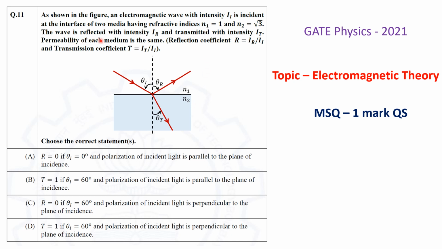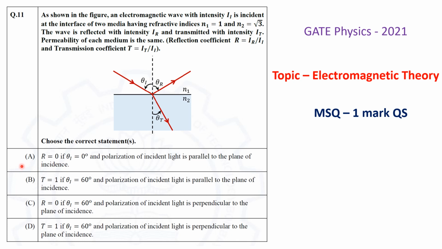The wave is reflected with intensity I_R and transmitted with intensity I_T. Permeability of each medium is the same. The reflection coefficient is defined as R equals I_R divided by I_I, and the transmission coefficient T is defined as I_T divided by I_I. So we have to choose the correct statement.